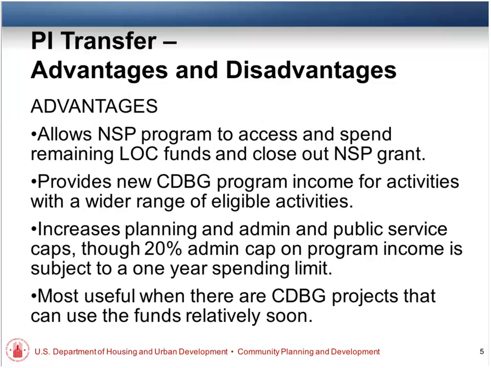You would basically have to transfer all of your program income from NSP in order to clear the decks to get at that line of credit, unless you have just a little bit of program income that you're going to spend on something. So you buy into a wider range of eligible activities with CDBG as your source of funds. It fits maybe more seamlessly with your regular block grant program.